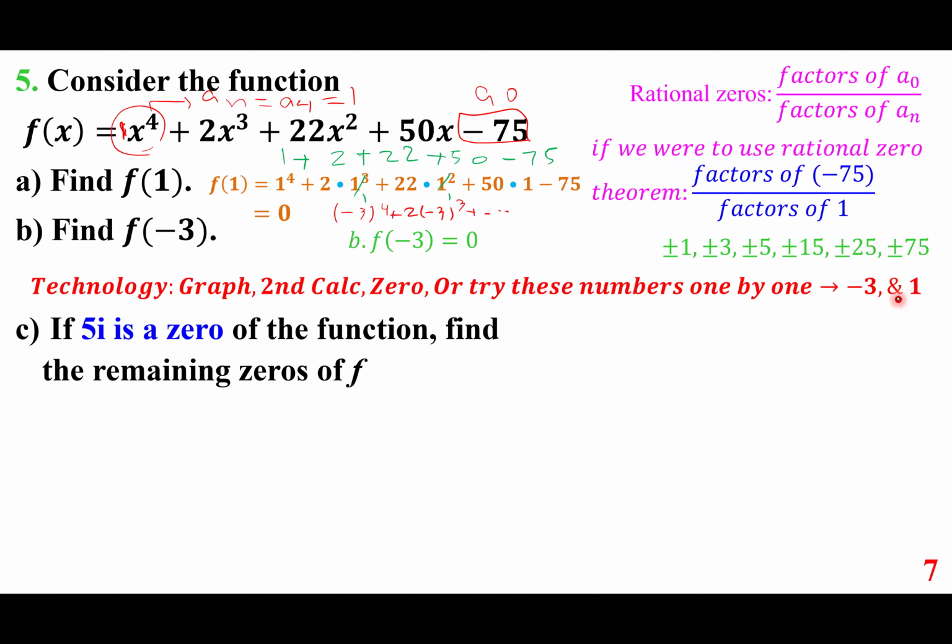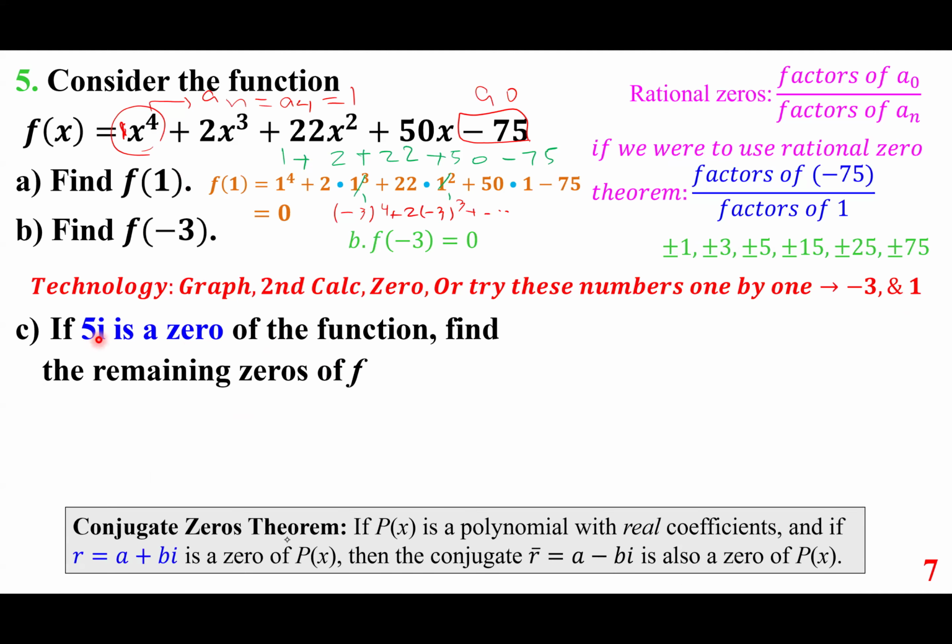If we know that 5i is a 0 of the function, find the remaining zeros of f. This is of degree 4, and it has 4 zeros, okay? We already have 2 of them, and now the third one, so there's only one more left.